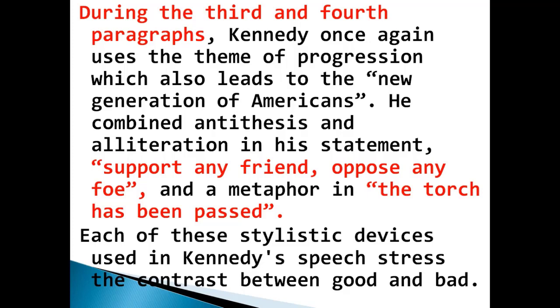Foe means enemy. And he used a metaphor in "the torch has been passed." It means the glorified period has been passed, because it was a time of trial and tribulation, and he was referring to that.